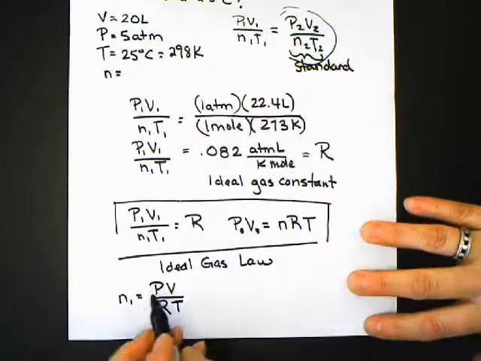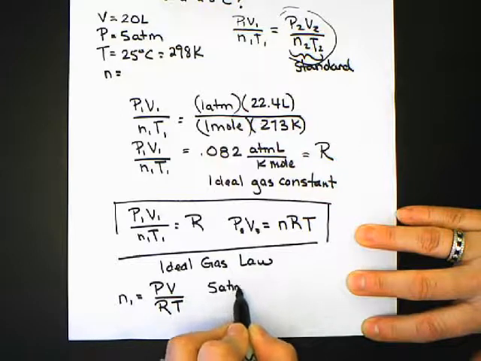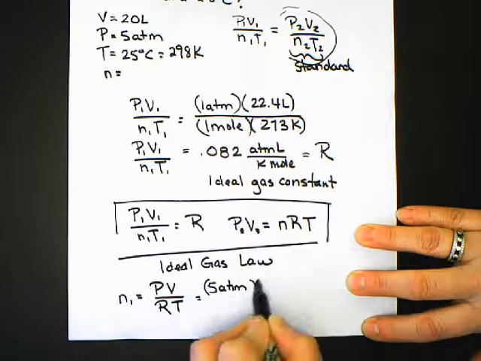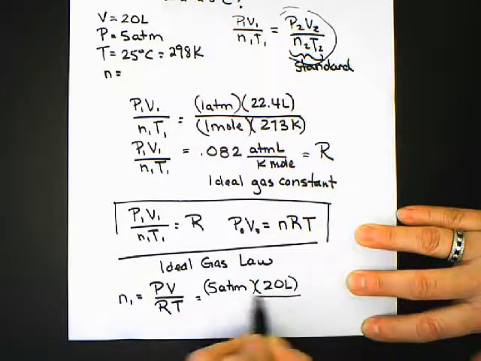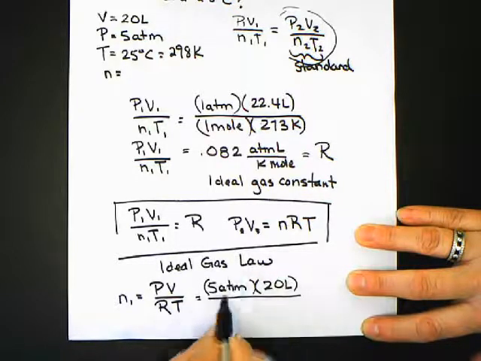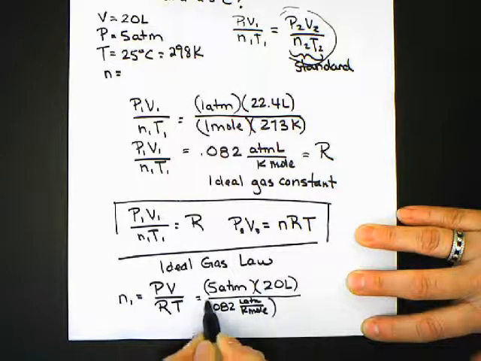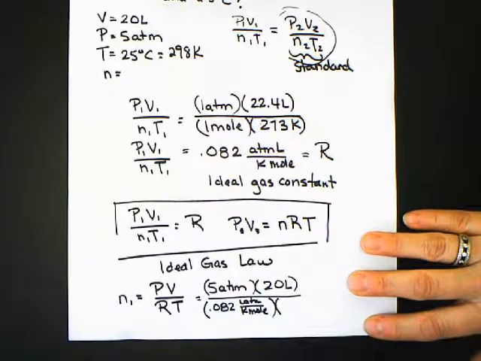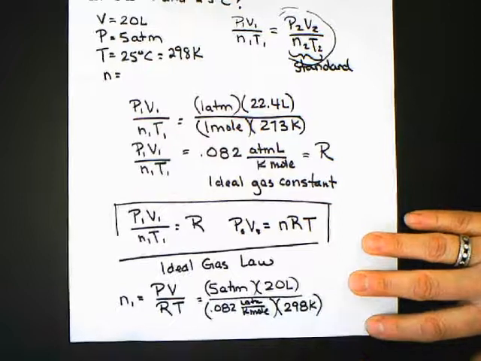R, gas constant, 0.082. Yes, you need the units. And then my temperature is 298 Kelvin. If you look, all the units cancel except for moles. I've got Kelvin canceling, liter canceling, atmospheres canceling. I'm left with moles, and that's it.